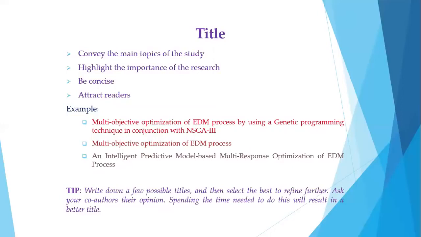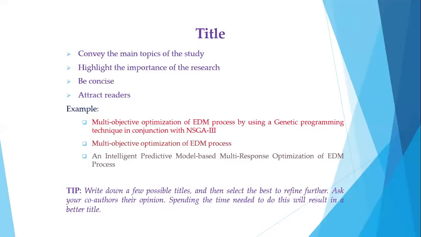any research paper, obviously, because when a particular reader or researcher is trying to find relevant literature for his work, he will always search, for example, in Google Scholar. As soon as he searches in Google Scholar, the first thing he will look at is the titles.